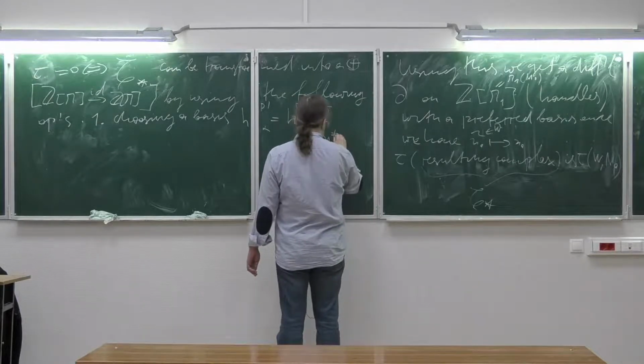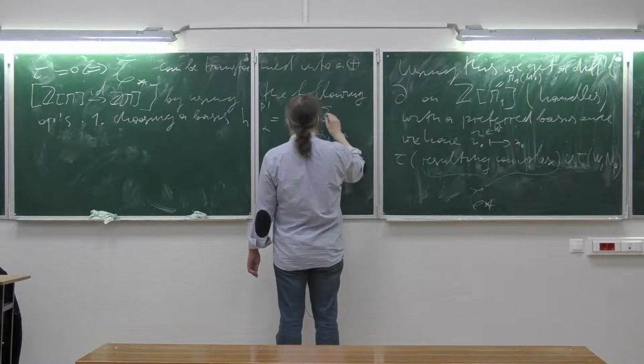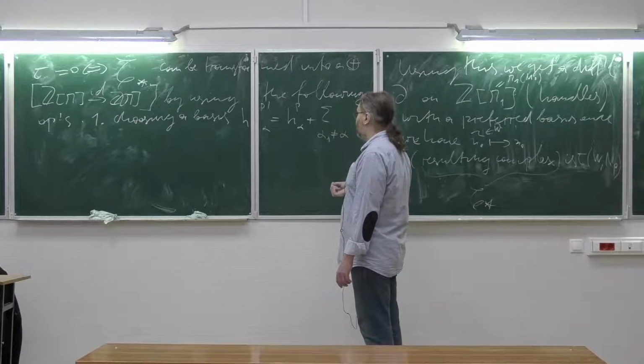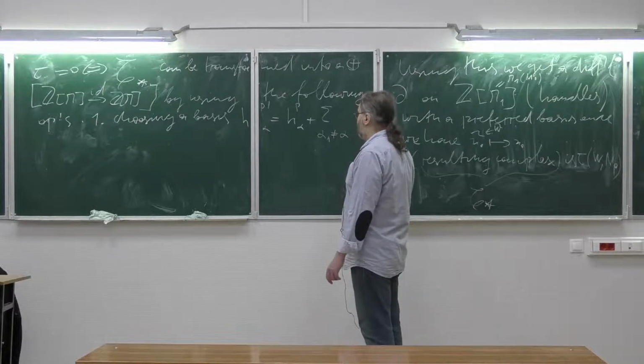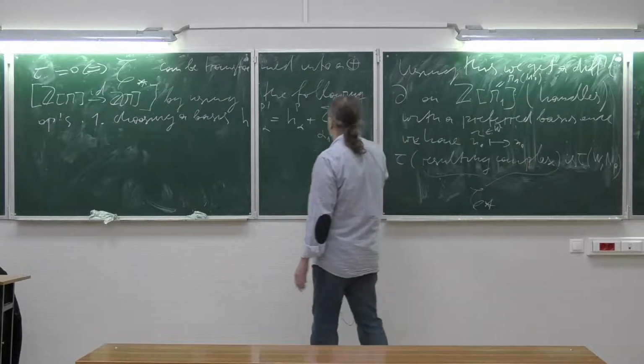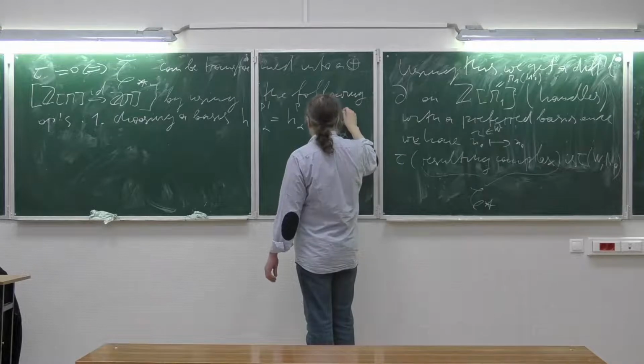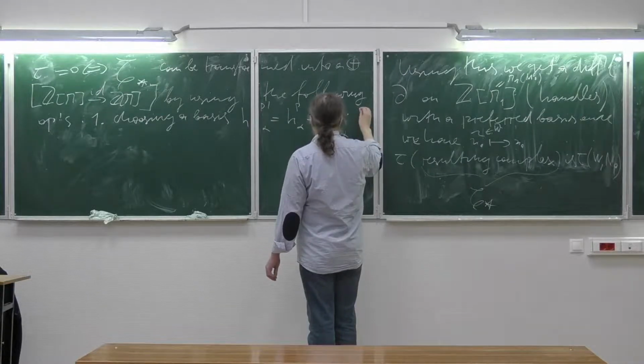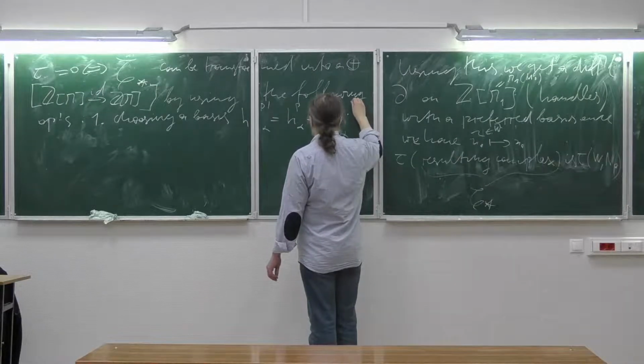Just one element changes. One element gets replaced by itself plus g times another.